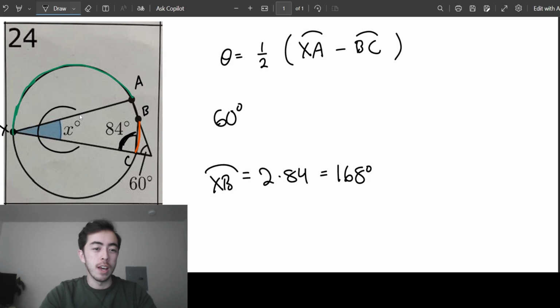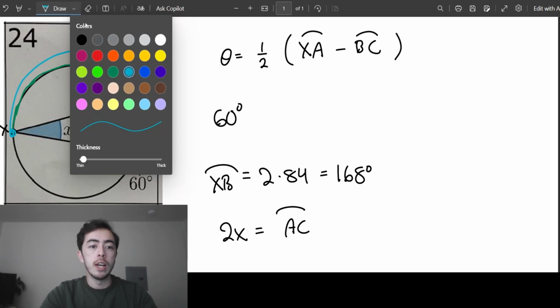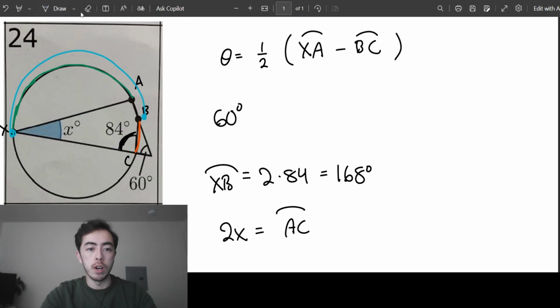Also, where is x going to be in all of our work? Well, we can notice that x is an inscribed angle, and so the measurement of angle x, if we multiply those degrees right there, we should get the length of arc AC, because angle x subtends arc AC right there. What is convenient, though, is that we do have information about arc XB. So that's from here all the way to point B. And then our variable x has to do with arc AC. And so it's almost like we're double counting arc AB, this tiny one right here.